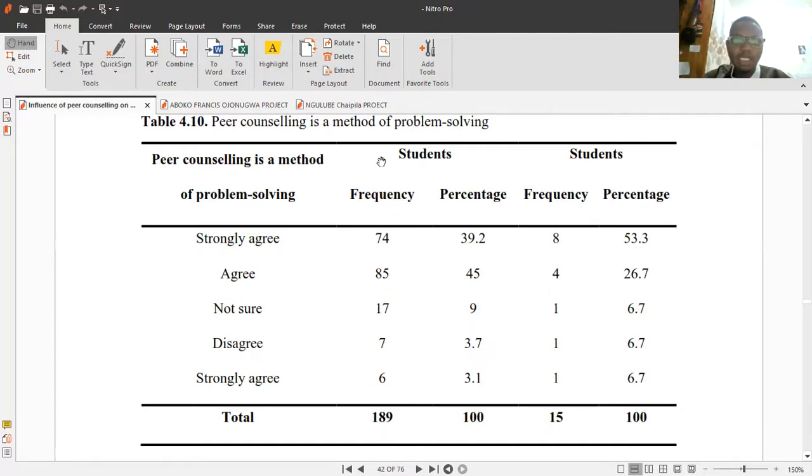So it makes him bring these results in parallel. You have students here, and then you have the teachers. Actually there is a mistake here. It should have been teachers, students, and then you have here the teachers.